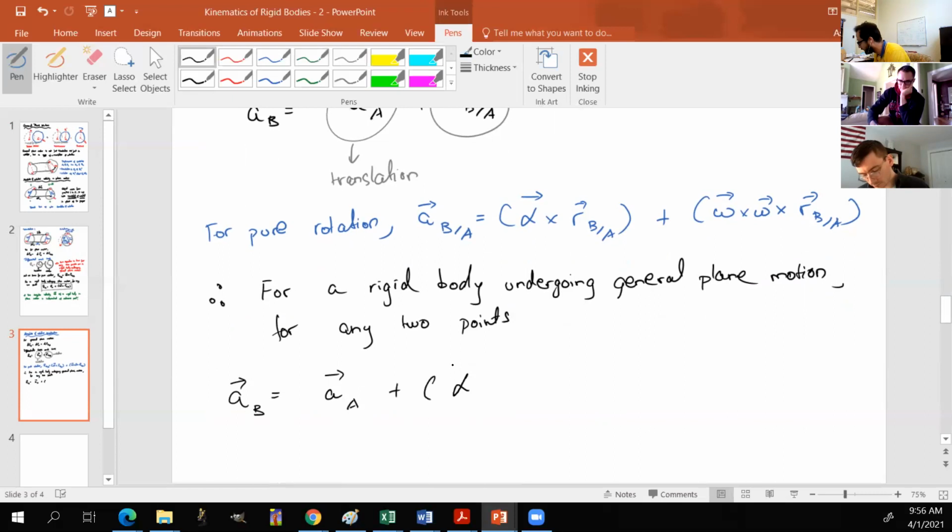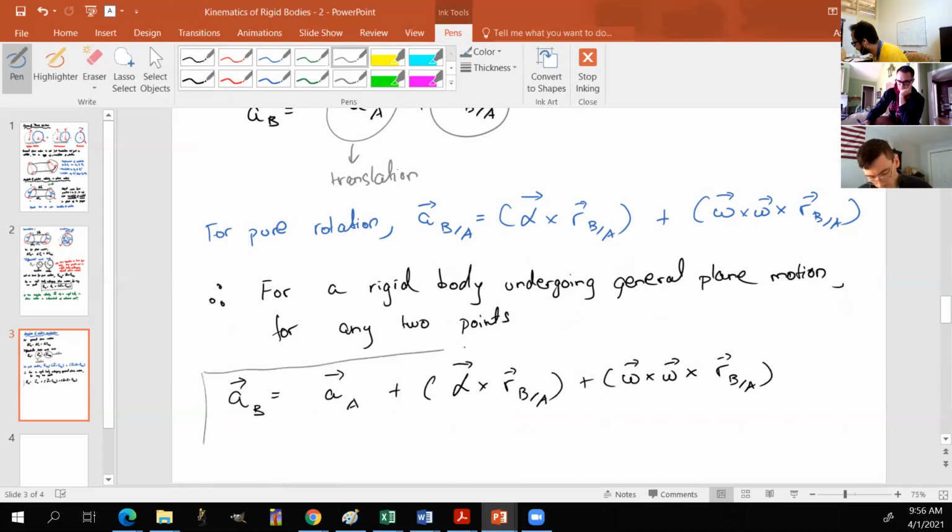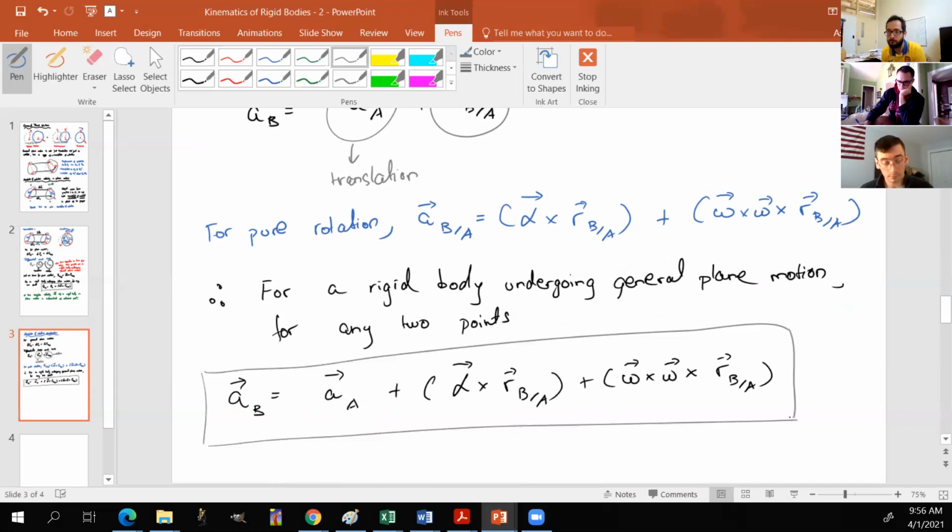That is alpha, the angular acceleration, crossed with r of B relative to A, plus omega crossed with omega crossed with r of B relative to A. And this is your all-important expression. With that, you guys have all the tools that you need for homework 7, which will be assigned on Tuesday.